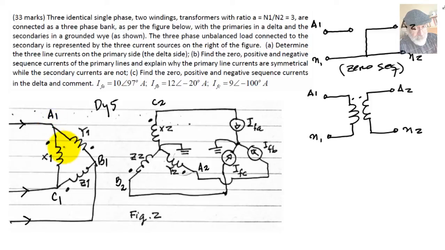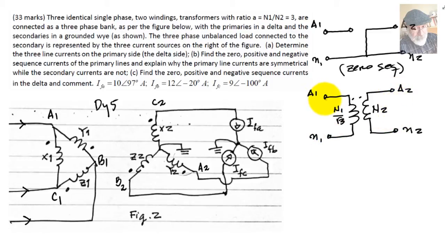It is only one phase, so the number of turns is N1 divided by √3. And on the other side, this one, N2 turns. So the actual transformation ratio of that equivalent single-phase transformer is not N1 over N2, it's N1 over N2 divided by √3. That is 3 divided by √3. A for this one is √3. This voltage is √3 times the voltage here.